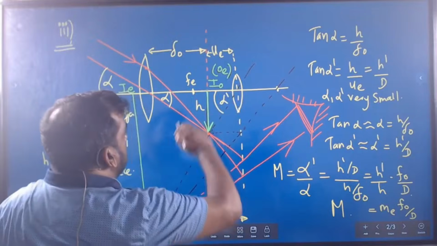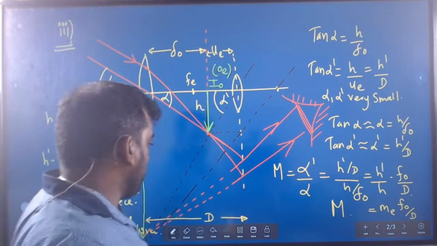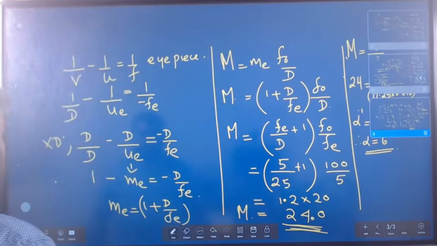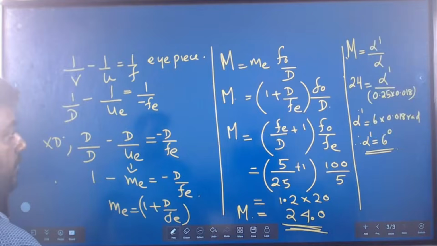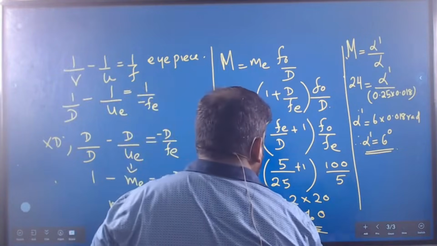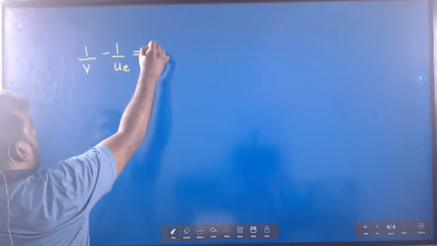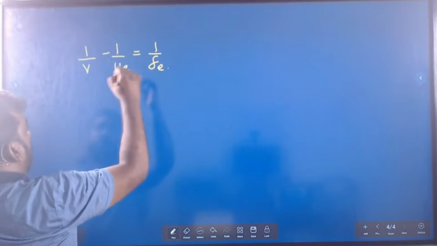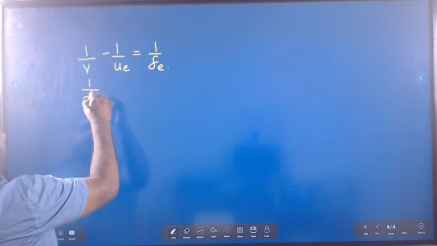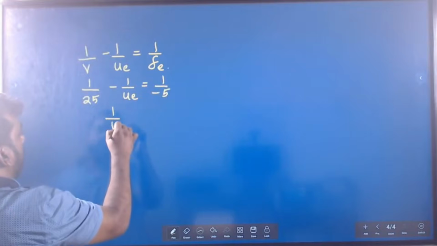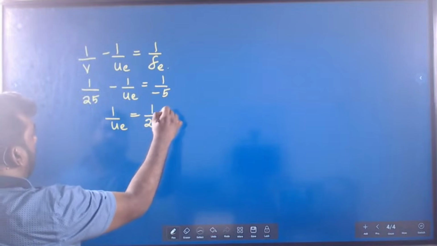Eyepiece has not changed. What is UE? We have not found UE, but you can find UE if you want. 1 over V minus 1 over UE equals 1 over focal length. 1 over minus 25 minus 1 over UE is minus 1 over 5, so 1 over UE is 1 over 25 plus 1 over 5.